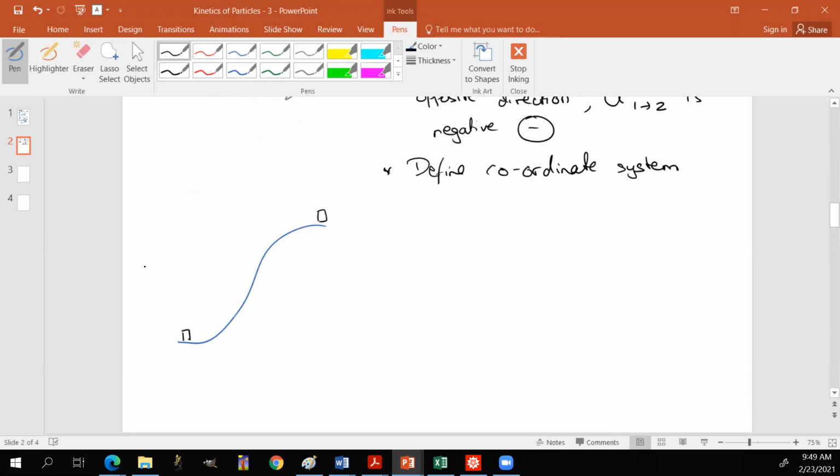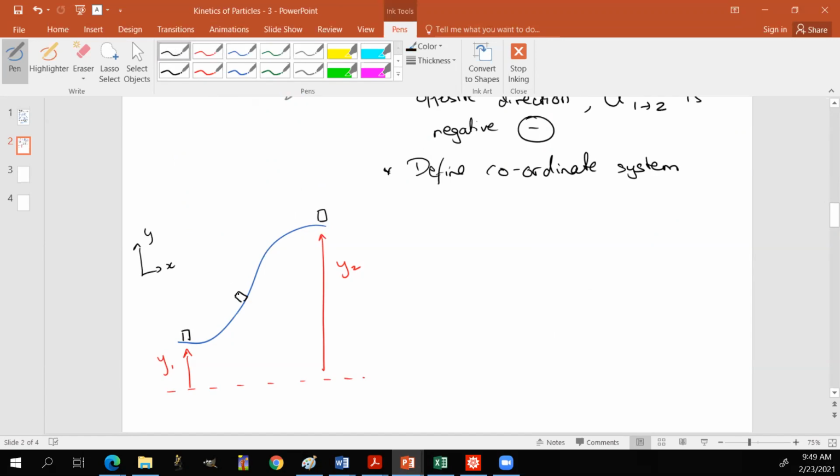And with the coordinate system that you've defined, not only are you defining directions, you also have to define what's known as a datum, a reference line, right? So initially, the position is y1, and then finally, the position is y2, like that, right?